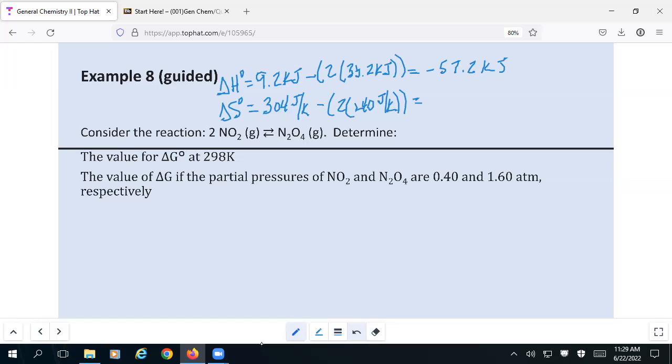So 304 minus 2 times 240 would give us negative 176 joules per Kelvin.